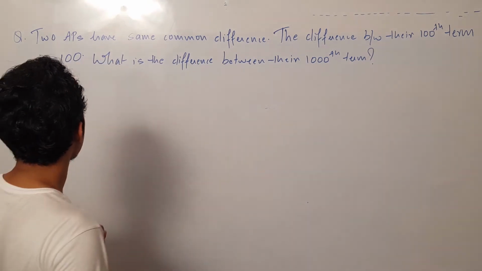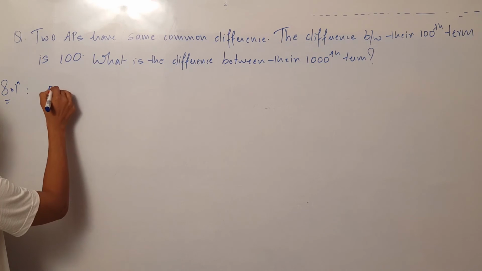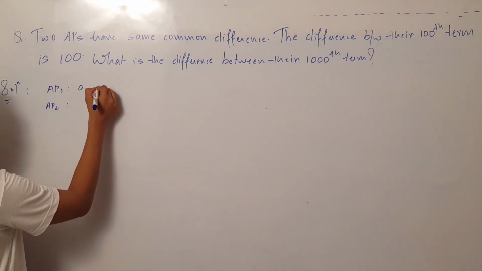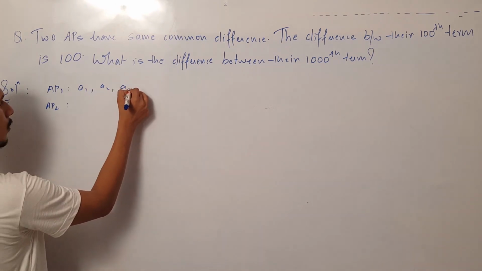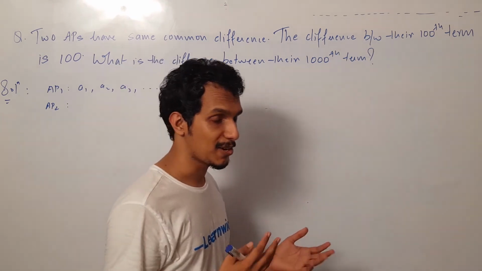Two APs. So let's write 2 APs. This is AP number 1. This is AP number 2. So here the values are a1, a2, a3, etc. Remember, I'm separating it with commas because it is a sequence.